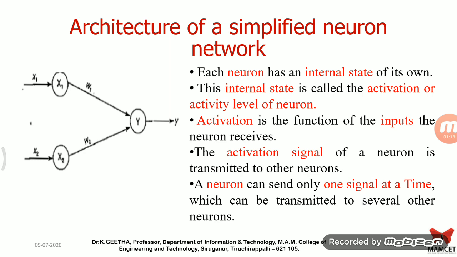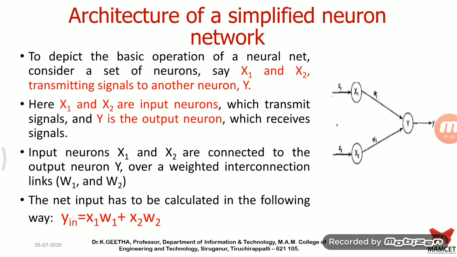So here we have the input as well as the output. The inputs are specified as x1, x2 and the output is specified as y. The input given to the node x1 is x1 and for x2 is x2, and each node connected by a link is assigned a weight.